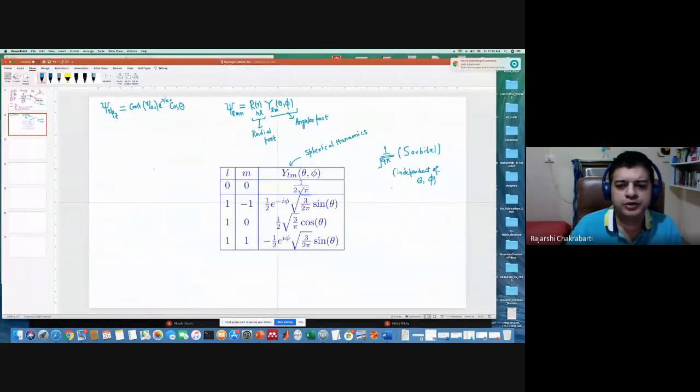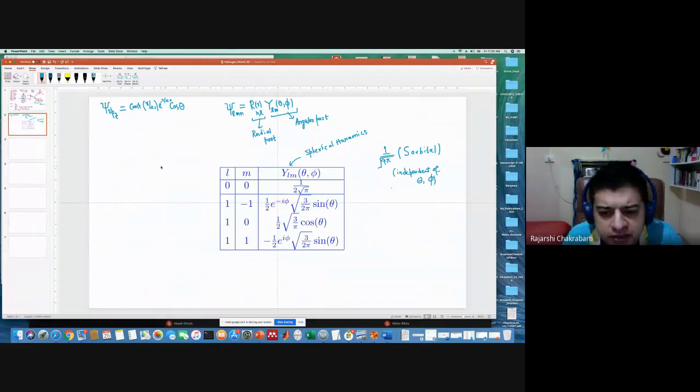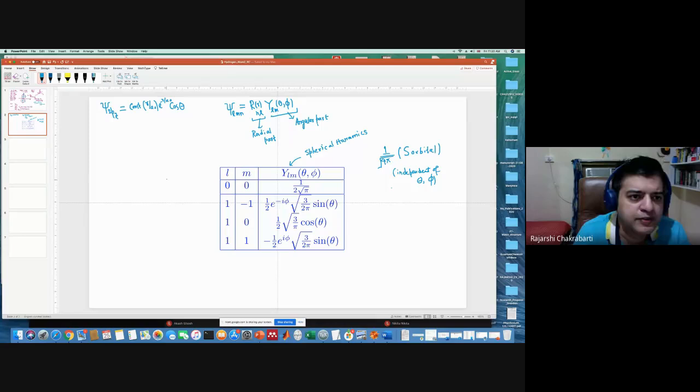So now let us do some other thing. For example, if I go back, I'll just concentrate on the theta phi part, Y lm. Now if I write down this Y 0 1, 1 means m equals 1. m is your magnetic quantum number.